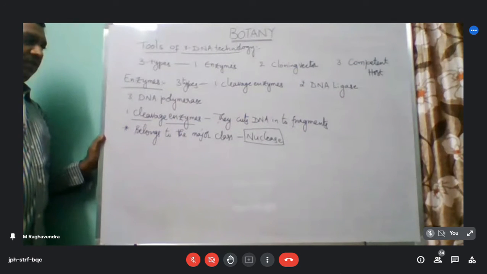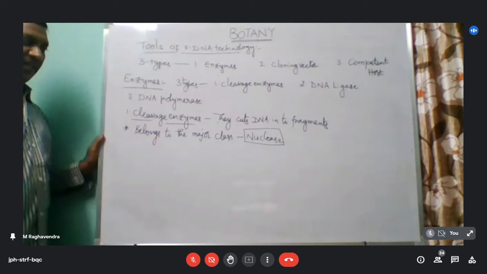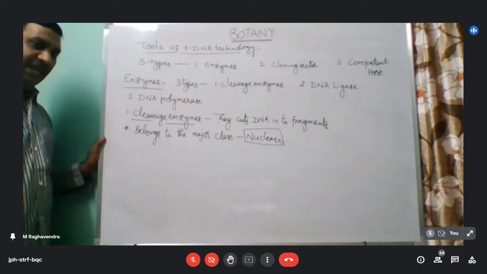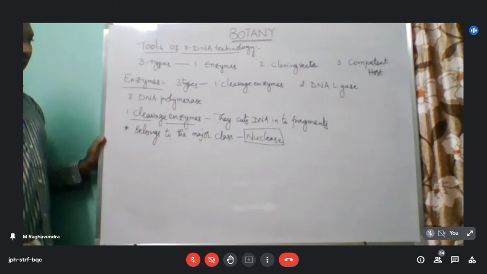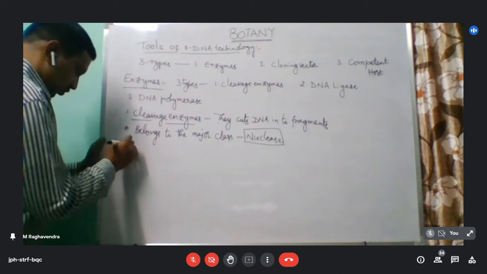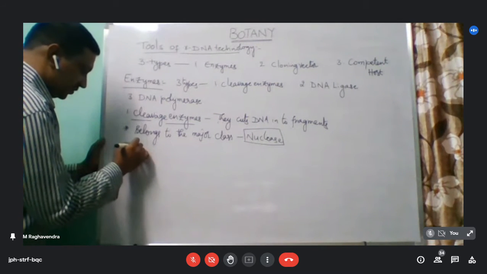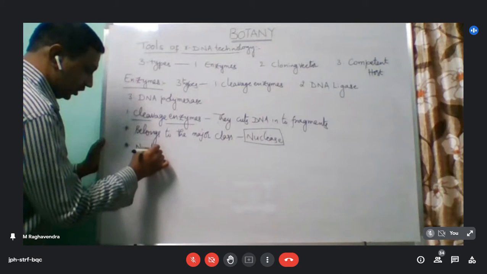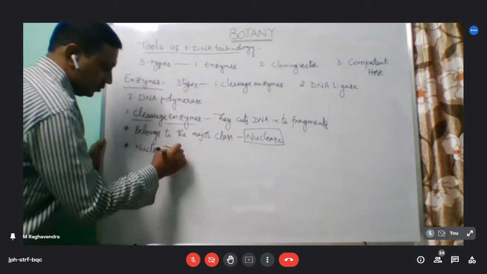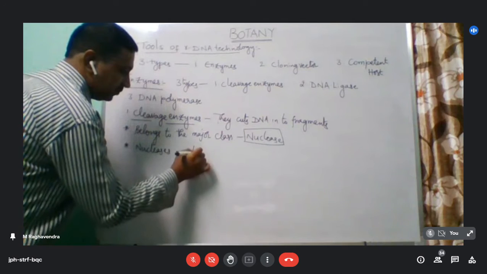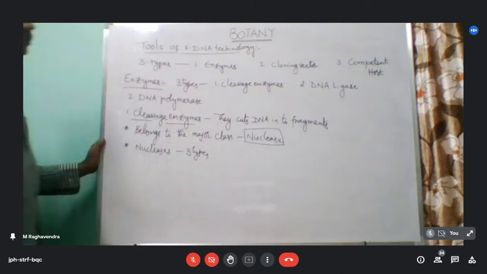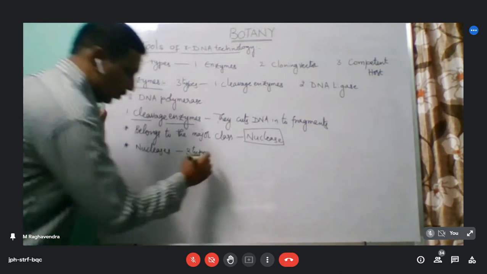Nuclease enzymes are the enzymes which cut DNA, which cut nucleic acids, so they were named nucleases. We know that nucleases are of three types. Three types of nucleases. What are they?